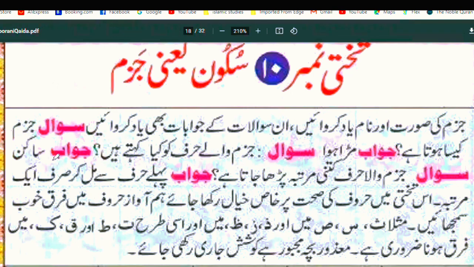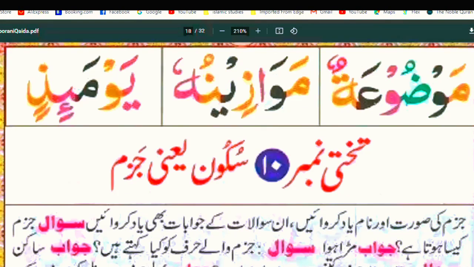And the second question was, the letter which carries the sukoon or jazam, what is that letter called? The answer is, that letter is called sakin. For example, we have just talked about this jazam in the first line.